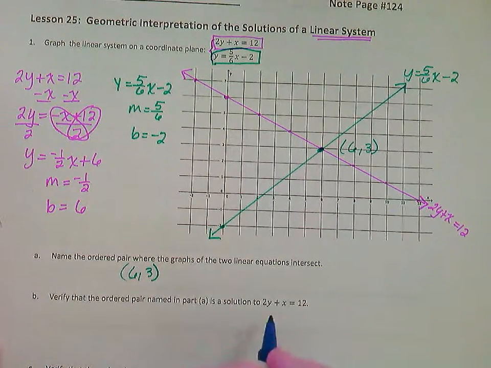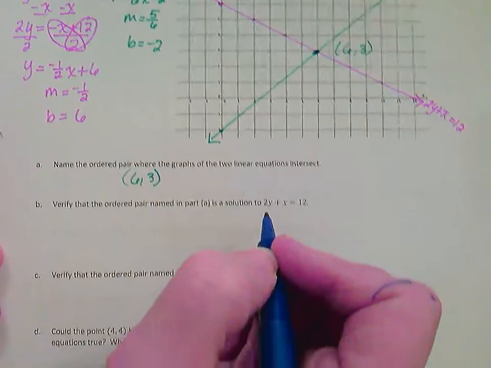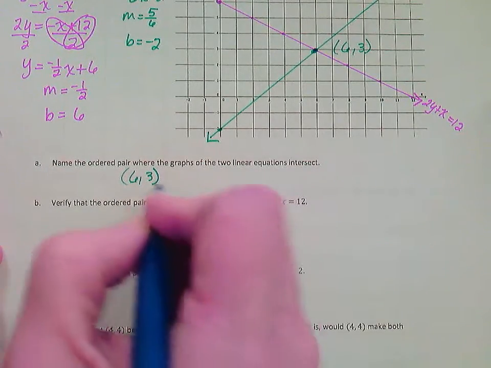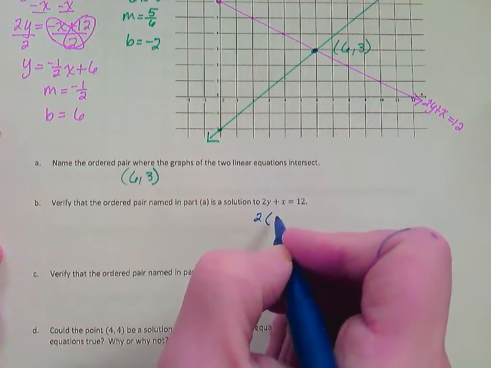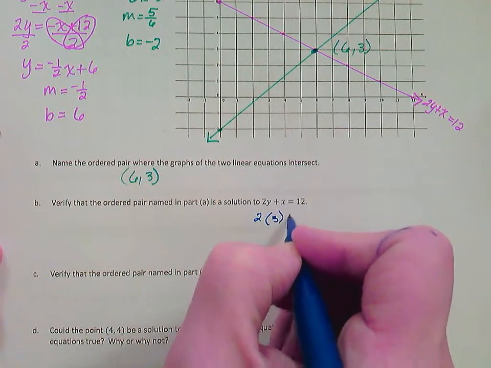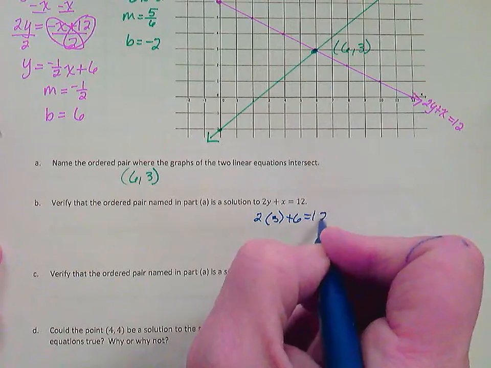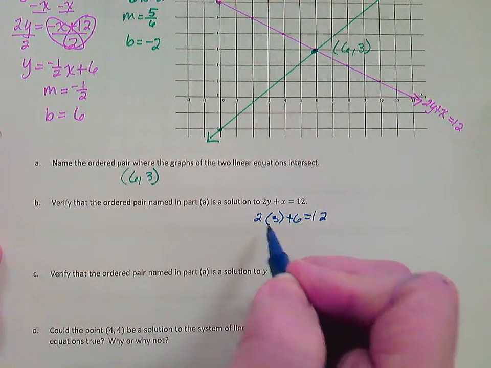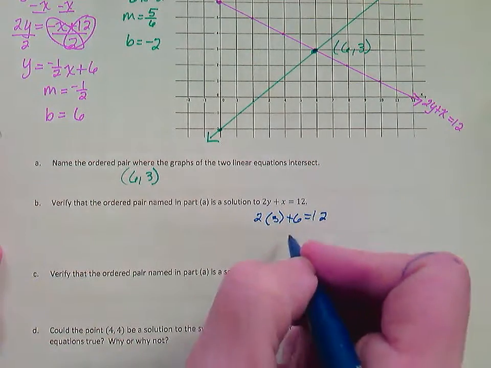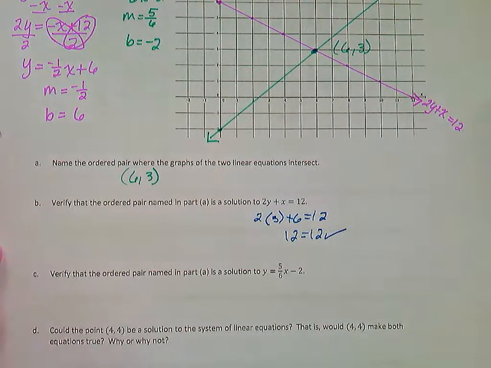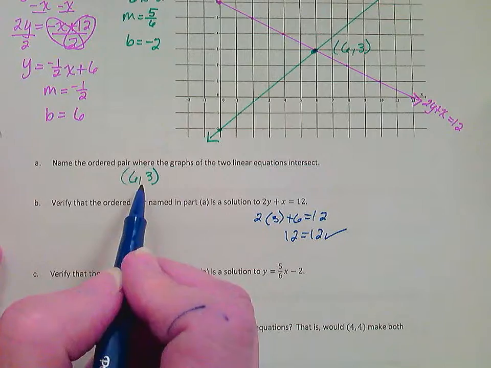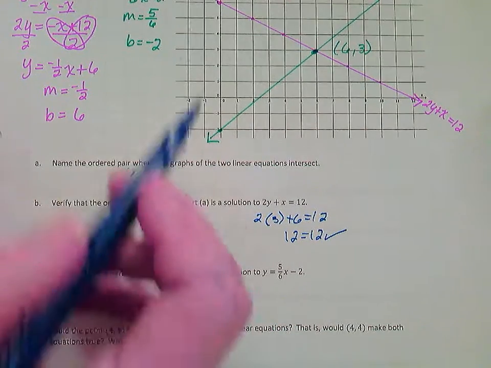So where I have a y, I'm going to put my 3, and where I have an x, I'm going to put the 6. So 2 times 3 plus 6 equals 12. Is that true? Well, if you pick up your calculator and you go 2 times 3 plus 6, you get 12. So yes, it verifies or it checks. So that solution works in this equation here.